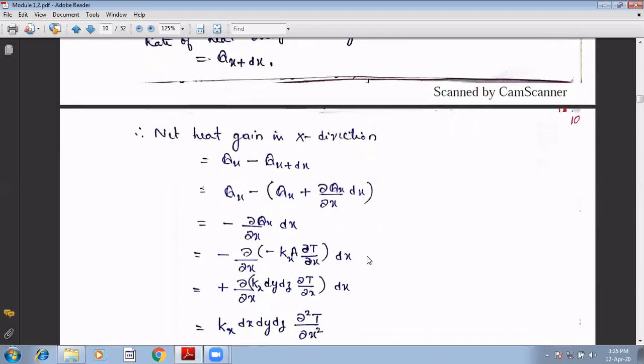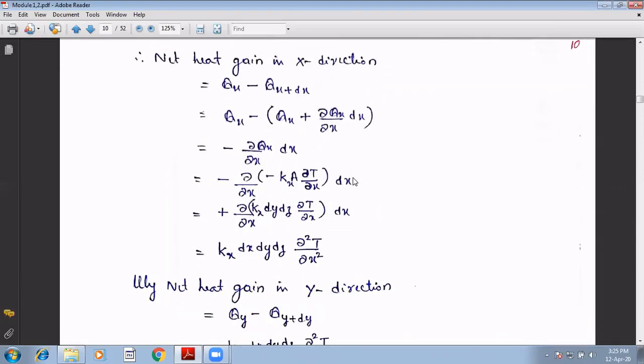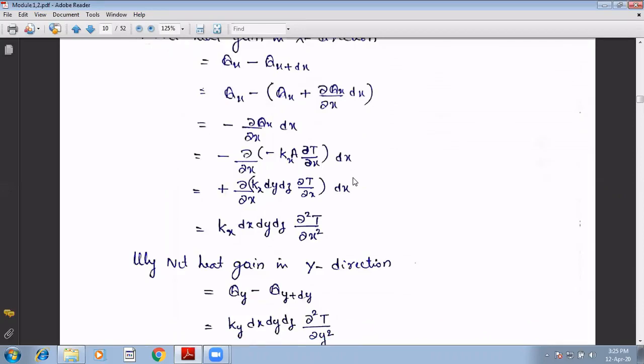Influx minus efflux, so qx minus qx plus dx, where qx plus dx is qx plus dou by dou x of qx into dx. If you solve this, you will get kx into dx dy dz into dou square T upon dou x square, where dx dy dz is nothing but the volume, and kx is the thermal conductivity in the x direction.